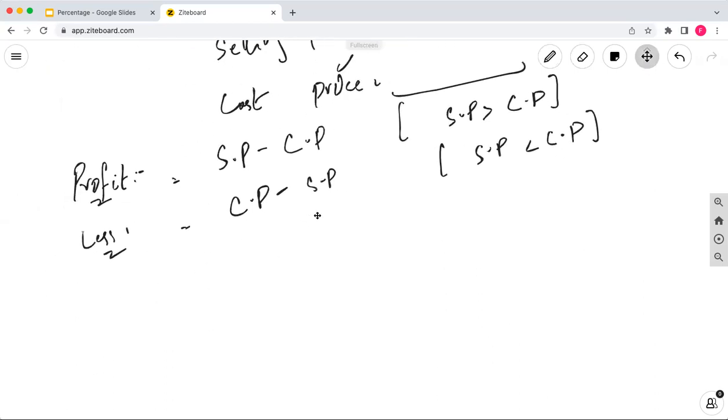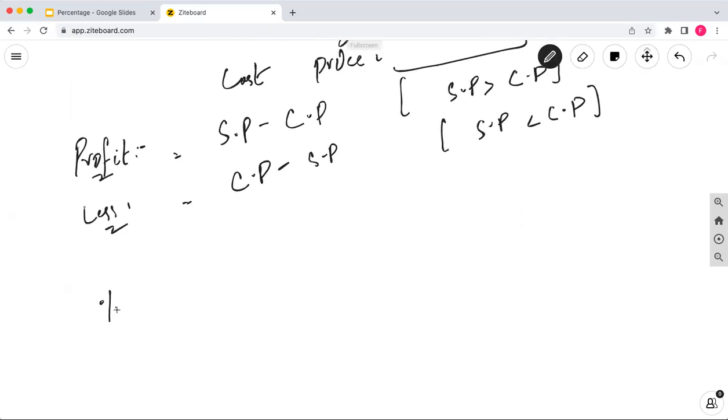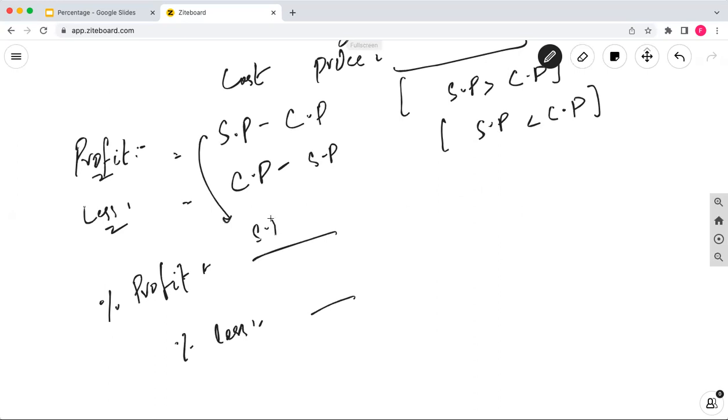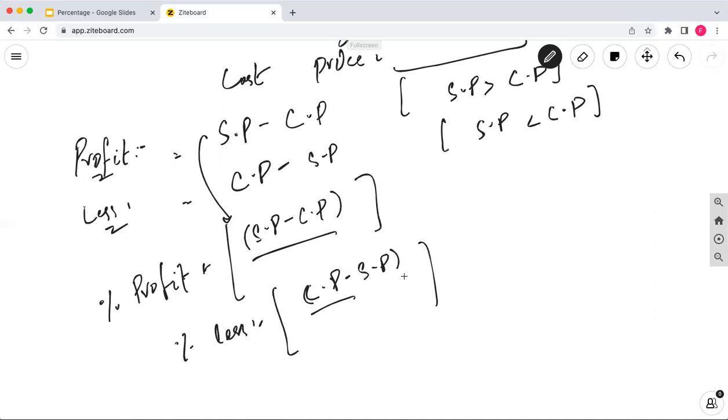And the last thing is about the percentage profit or percentage loss. So if I say percentage profit, in the numerator, for the profit case, we have selling price minus cost price. And for the loss case, we have cost price minus selling price. So what will be the denominator in both of the cases? Anyone? If we are calculating a percentage loss or a percentage profit, what will be the denominator in that case?